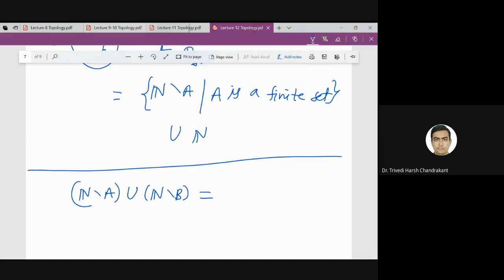Is it again of this form, where A and B are finite sets?